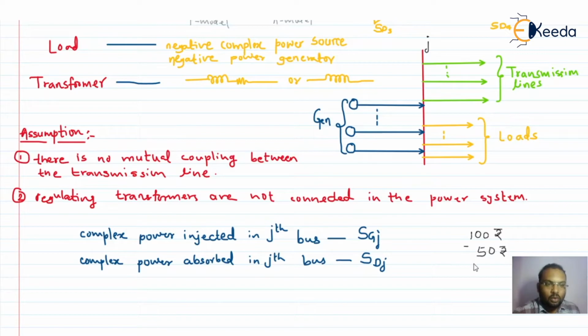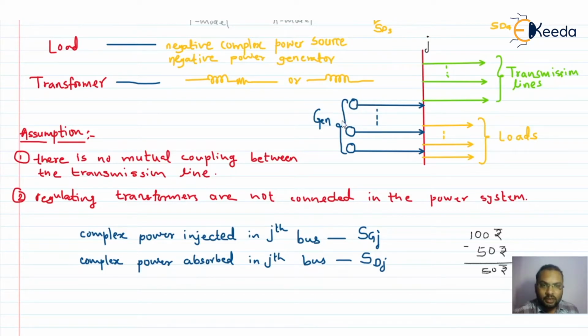So you have 50 rupees surplus, or 50 rupees balance with you. If you have something surplus with you, then you can inject that surplus amount to others. You can save that 50 rupees with you, but better you can give it to others. The same thing happens with this jth bus.